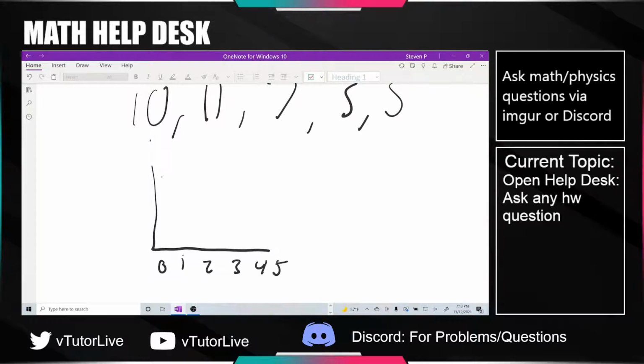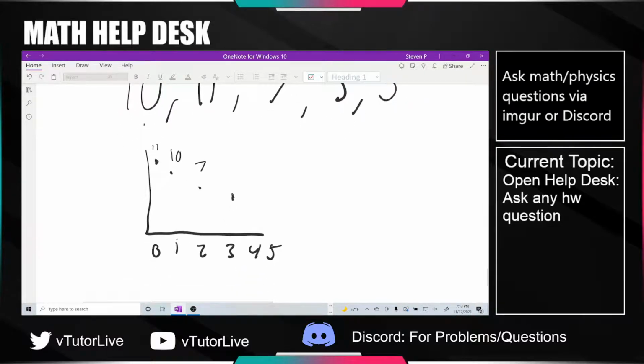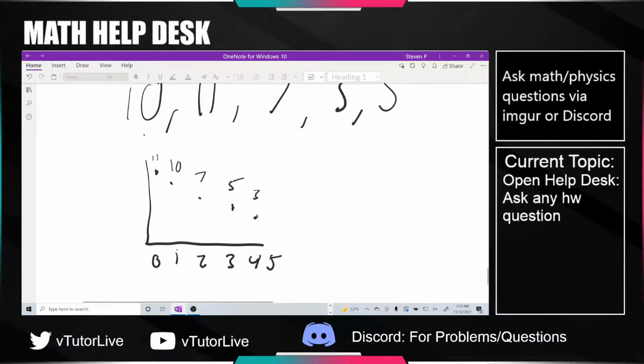Then the base value would be 11, 10, 7, 5, and then 3. So I think the h-index, what is it? I forget the exact wording, but I think it's defined as the largest index that's smaller than the associated value. So I think the h-index here would be 3.